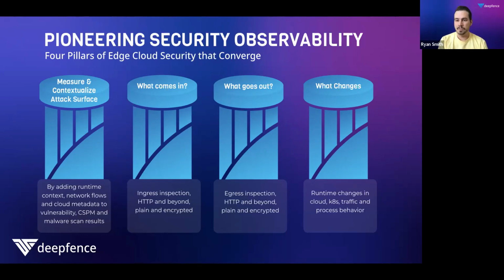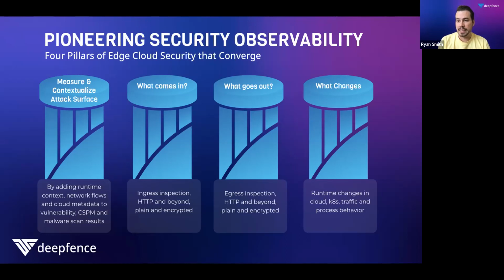So for Deepfence, we really need to always think about measuring and contextualizing the attack surface of the environment with network flow information, cloud metadata, vulnerability, CSPM, malware scan results, putting all of this within a singular platform and system, evaluating what comes in and what goes out of an environment.